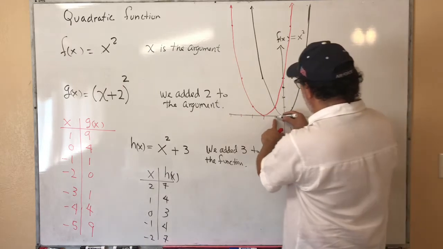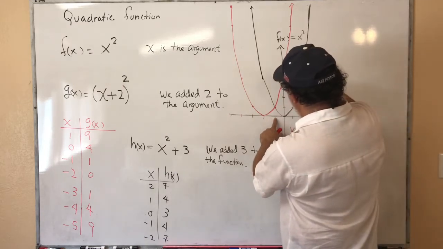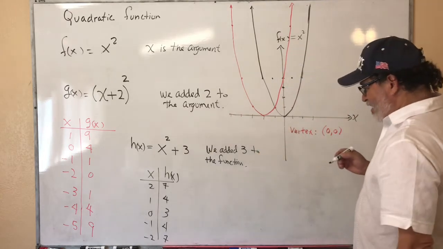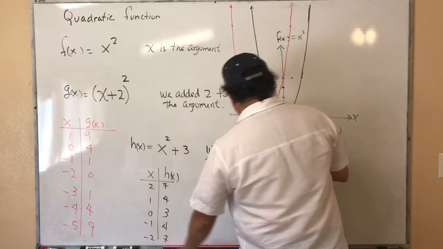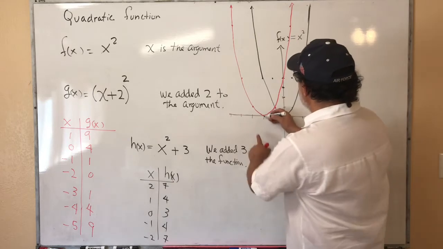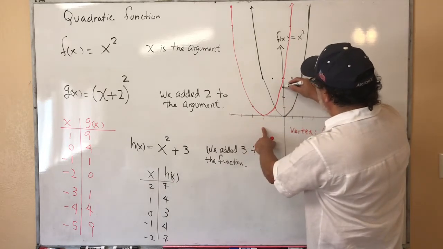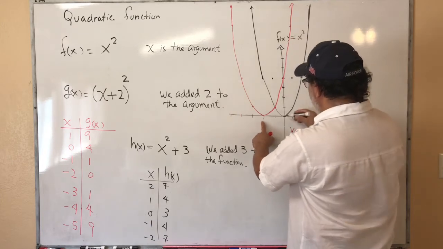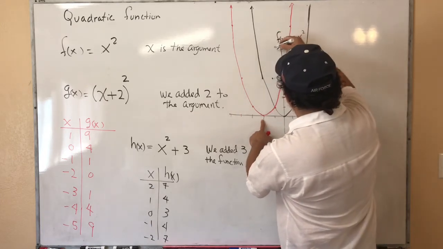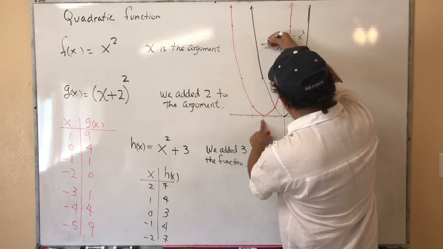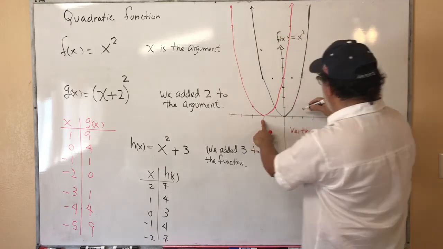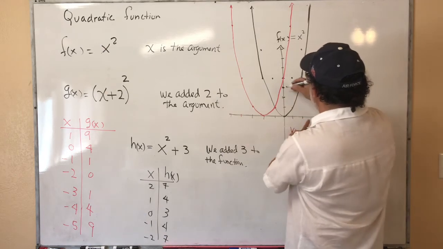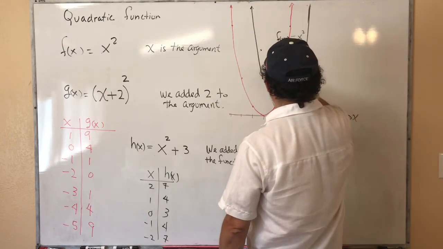If x is -1, we get 4 right there. If x is -2, we get 7. 1, 2, 3, 4, 5, 6, 7. We get 7 right there. If x is 2, we also get 7 right around there. And so this is what we're getting.